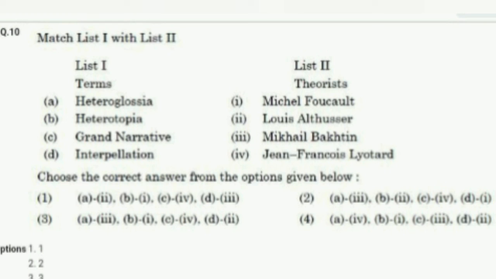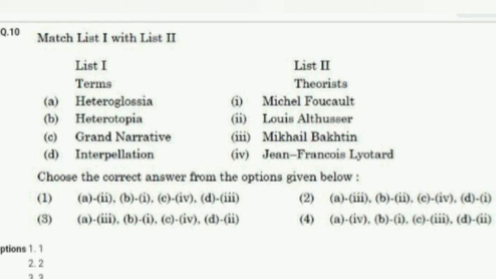Interpellation is the process by which ideology embodied in major social and political institutions constitutes the nature of individual subjects through the process of hailing them in social interactions. Grand narrative is a term coined by Lyotard in his The Postmodern Condition.